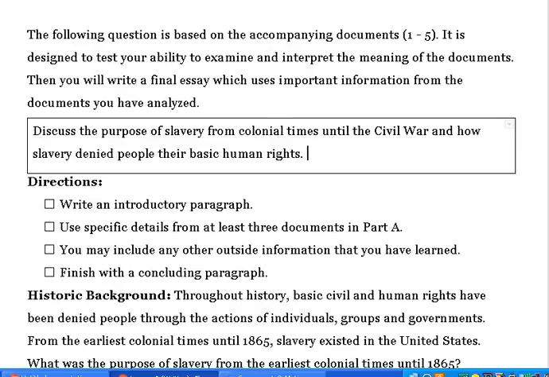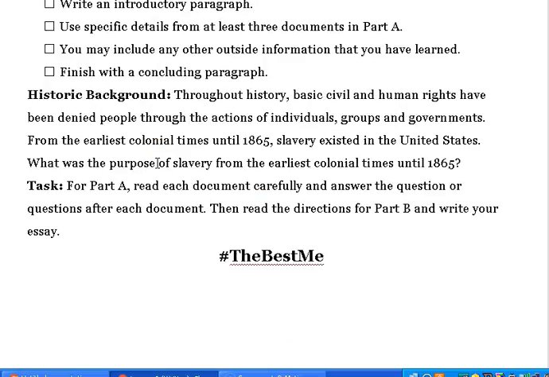Historic background. Throughout history, basic civil and human rights have been denied people throughout the actions of individuals, groups, and governments from the earliest colonial time to 1865.